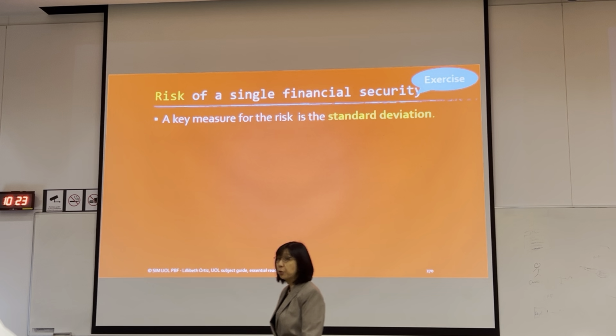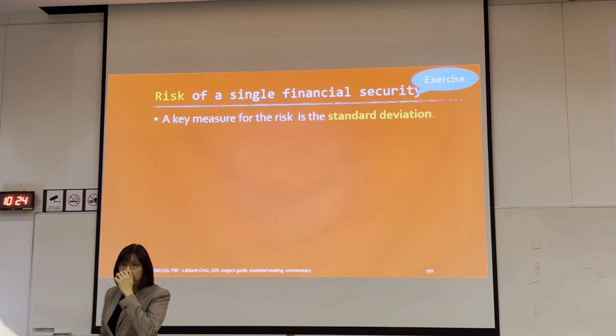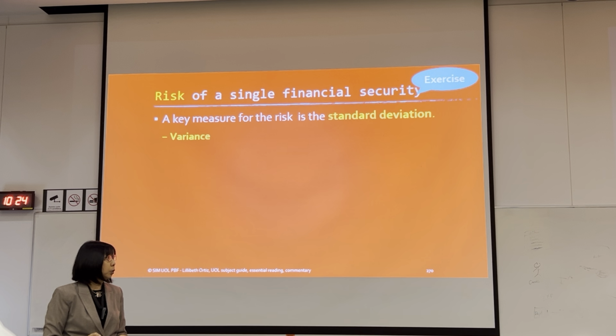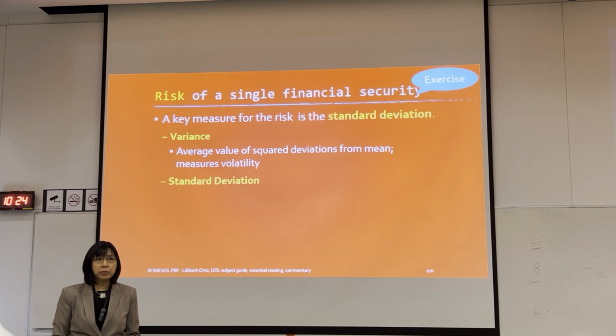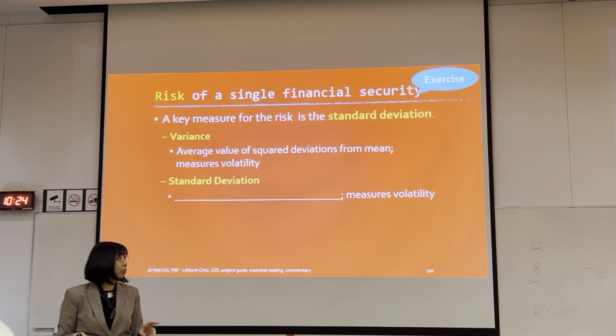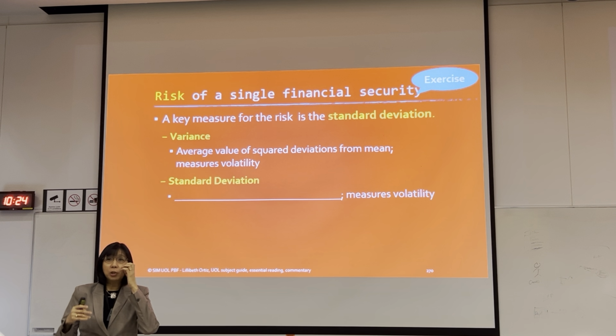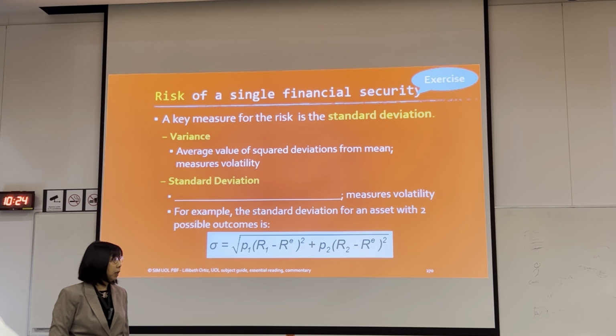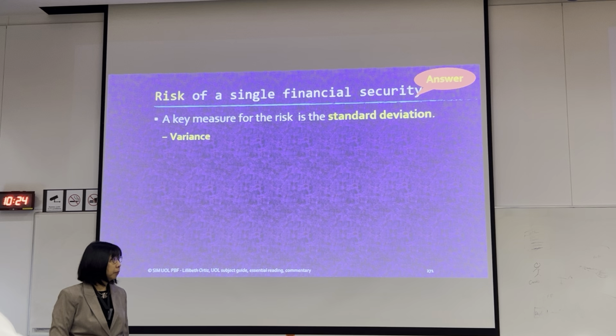Now, how do you measure the risk? As we said earlier, we use the standard deviation. Usually your starting point is the variance, right? So you have to kind of recall in statistics how you compute the variance. Then you take the square root of that, you'll get the standard deviation, right?